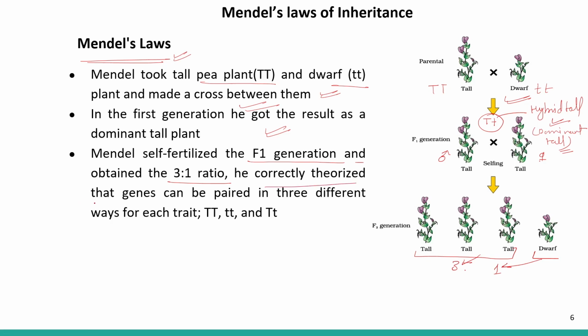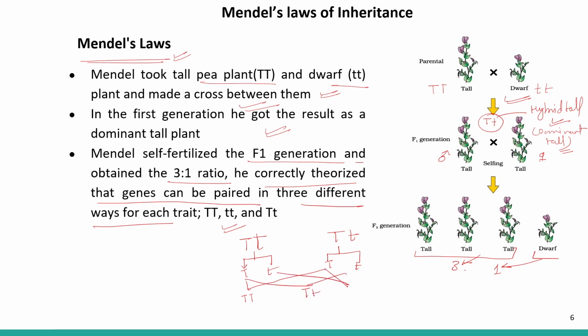He correctly theorized that the genes can be paired in 3 different ways for each trait. So here we can see capital T, small t, and two types of gametes, capital T and small t, right? So the three types of pairing can be capital T capital T, capital T small t, and small t small t, right?